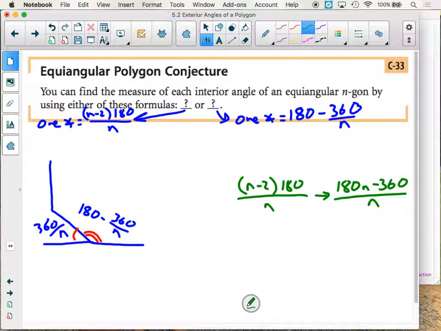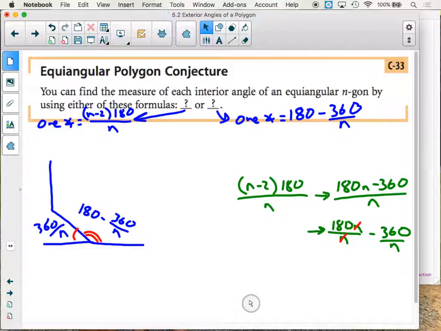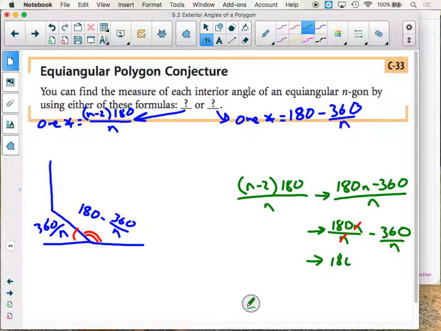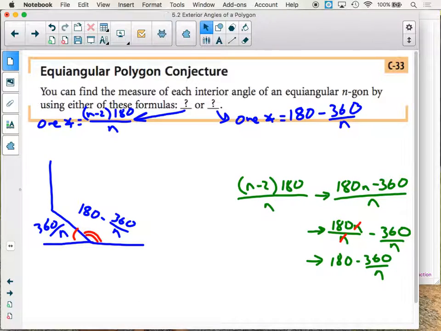I think you can see where we're going now. If I separate my fraction, I get 180n divided by n, subtract 360 divided by n. And as you can see on the left, the n's cancel. And that gives us 180 minus 360 over n. So we can use either one of those. All right, let's do some problems now.